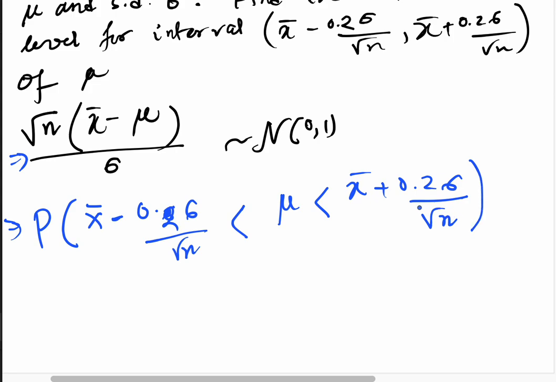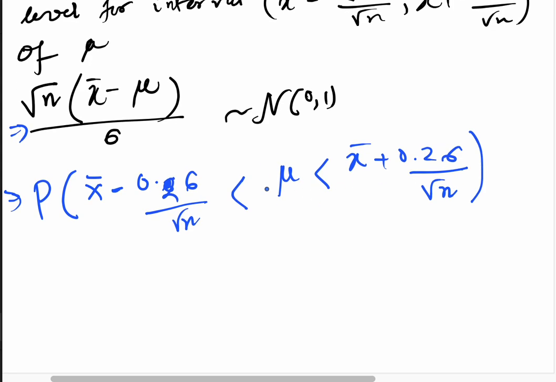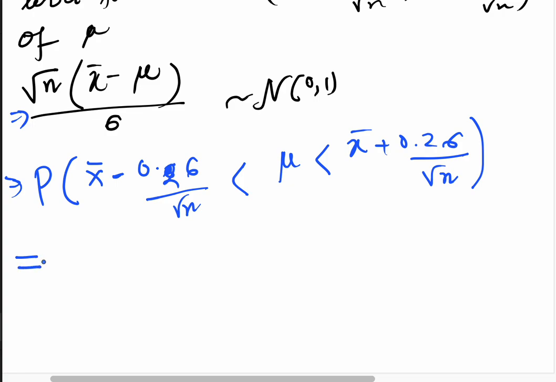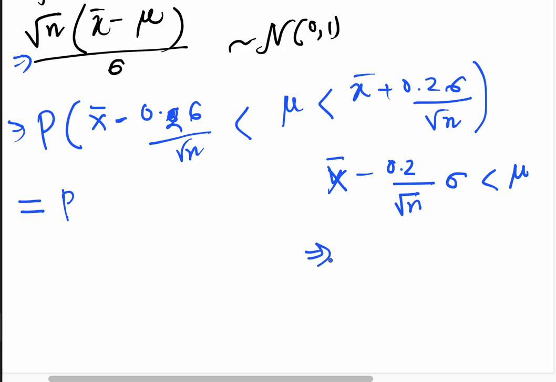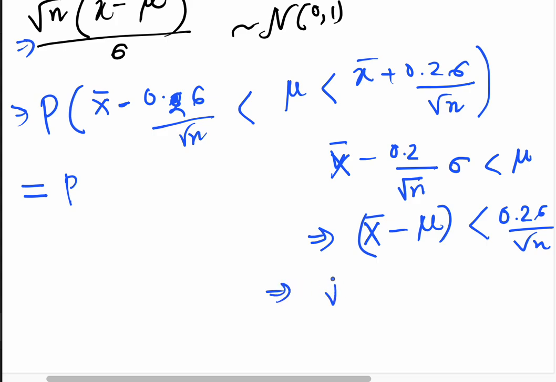We can calculate this probability first. x bar minus 0.2 sigma by root n less than mu gives x bar minus mu less than 0.2 sigma by root n, that is root n (x bar minus mu) by sigma less than 0.2.